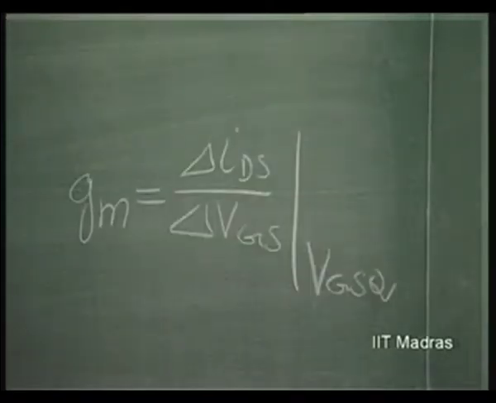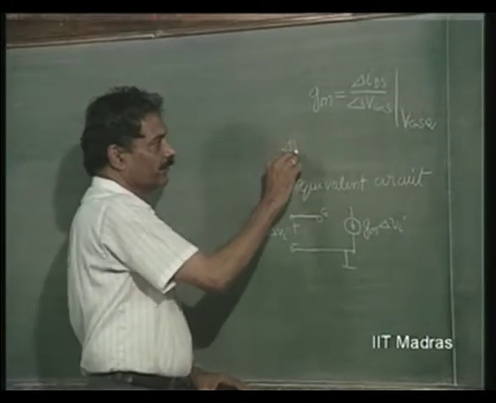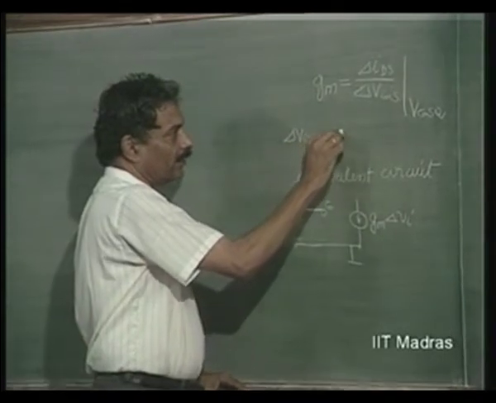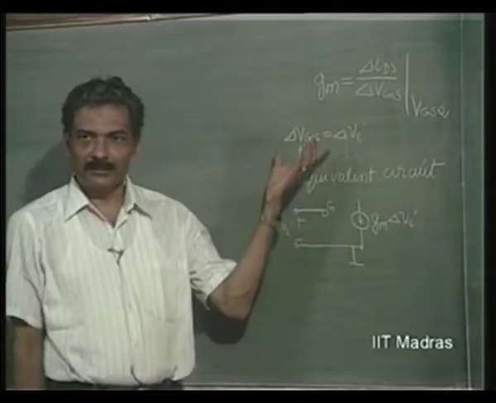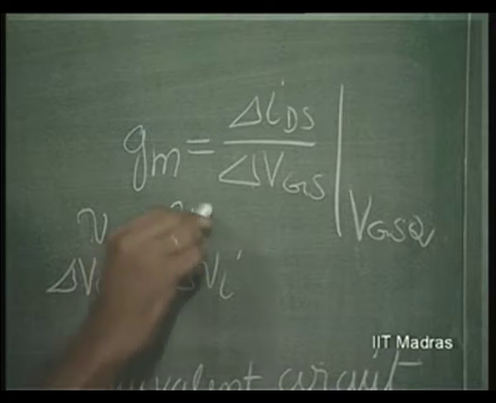So, if I want the current here, delta VGS is same as delta Vi, change in Vi, because VGS is same as Vi in this case.